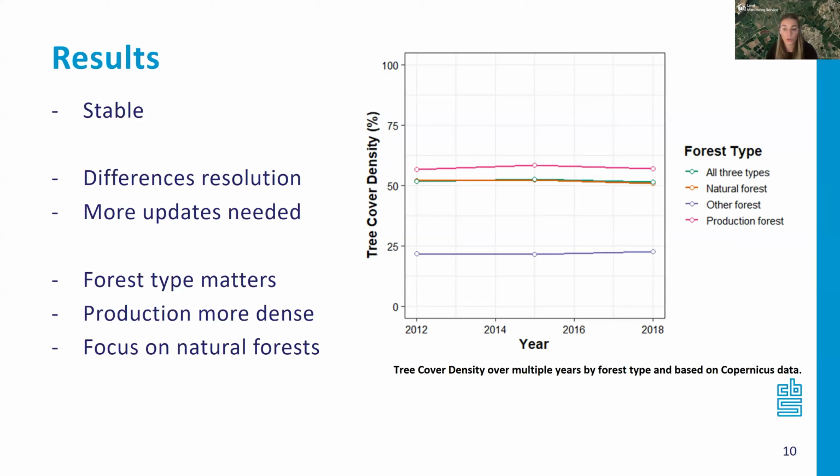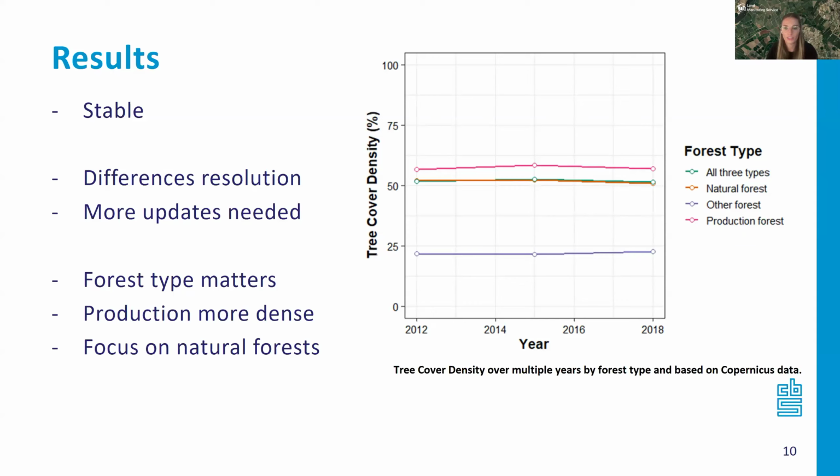These species often have denser growth habits than mixed natural forest, leading to a more uniform and crowded canopy. The natural forests are slightly less dense, which we can see here. This is the orange line. So the green line is all 3 together, but the orange line is basically almost the same. And then we also have the other forests, which are a lot less dense. And this is probably because these are just small forest patches scattered around the country.